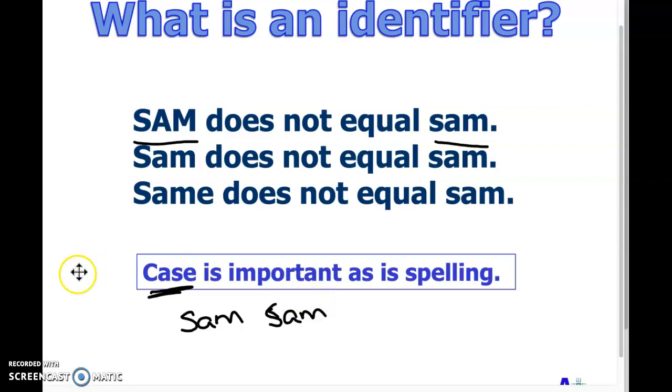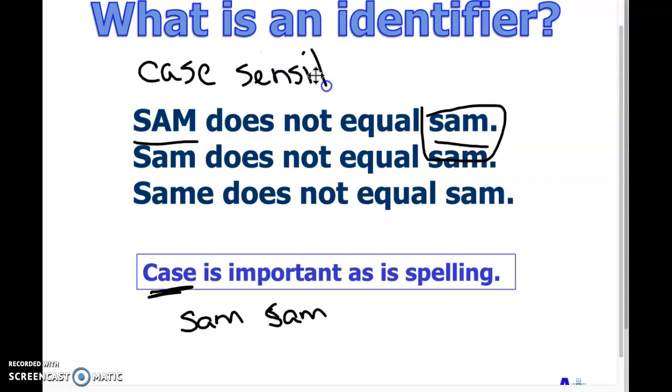None of these are equal to each other. These two are the same, that's the only two. Oh, these three. So just be careful. It's called a case-sensitive language, and that's going to be one of the first issues we have when running programs, so you've got to be careful of your case.